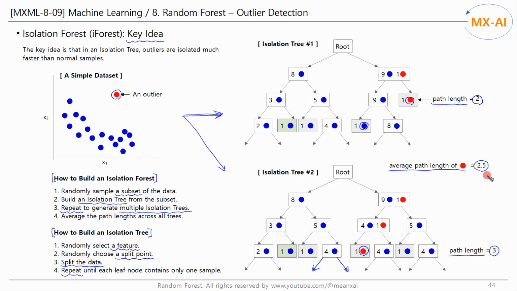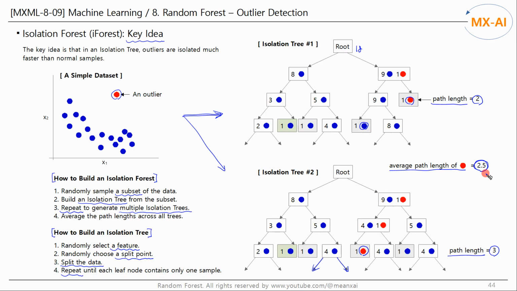The authors of the paper considered one additional factor. The average path length depends on the size of the dataset. For example, in this dataset with 18 samples, the average path length of the red sample is 2.5. If the dataset contained 180 samples instead, its average path length would be longer.